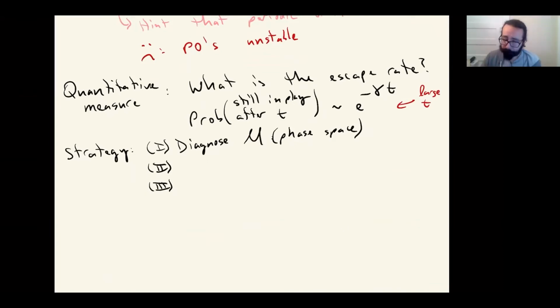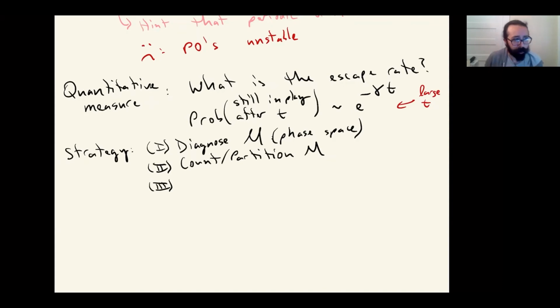So the first step is just, can we find efficient coordinates, or a reasonably simple way to talk about the trajectories in our system? Do we understand what the phase space is? The second step is going to be counting or partitioning of phase space.